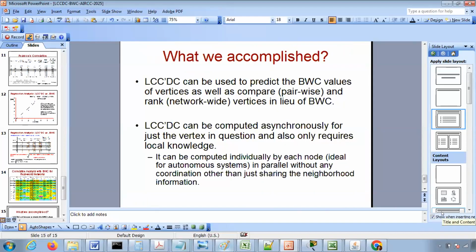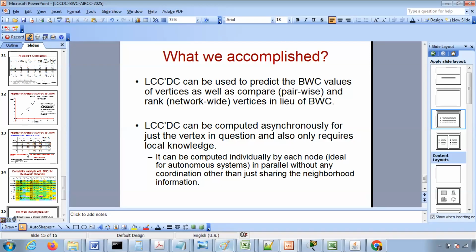So that's a significant contribution from us in this area. That means we can use this LCC prime DC as a computationally efficient or light metric to rank nodes based on betweenness, both globally as well as locally, just pairwise or among all the nodes in the network, as well as to predict the betweenness centrality of the nodes.